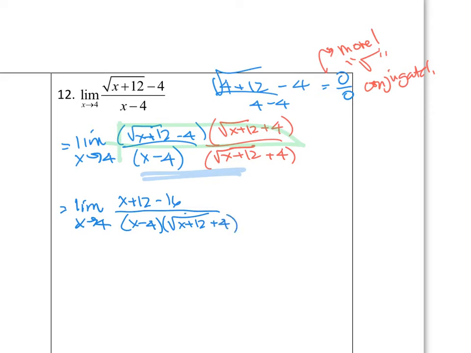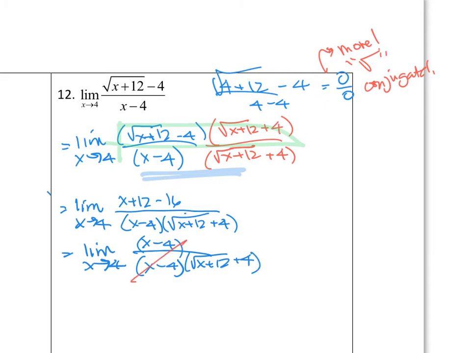So if you notice, we simplify this. We get x minus 4 over the x minus 4. And if you can see, that is going to end up reducing to 1. So we have those going to 1.